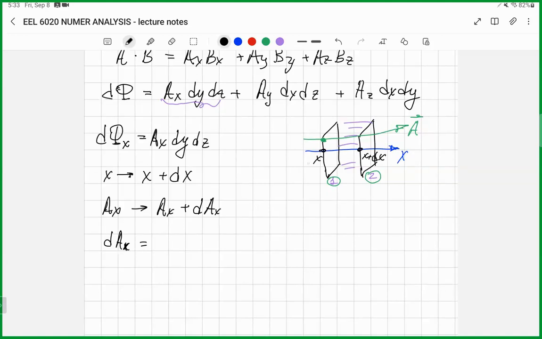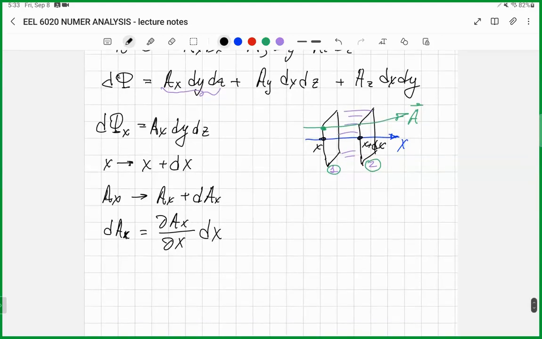Since we jumped along the axis x, we need to take into account only the dependence on the x component. So it's going to be dax over dx multiplied by the change of x.